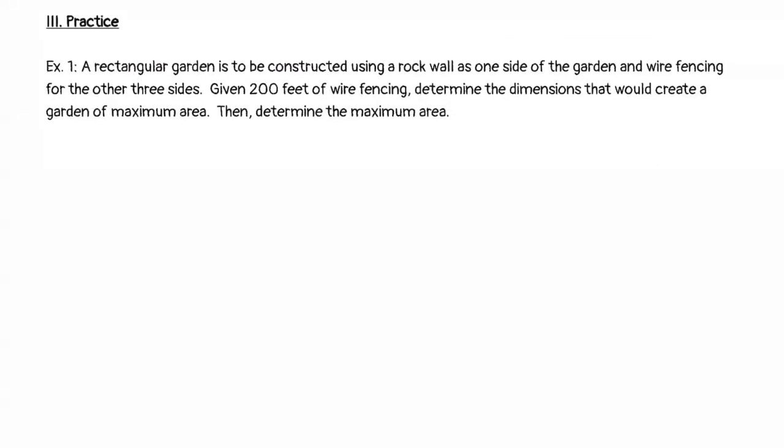All right, so let's go ahead and get started. It says in example 1, a rectangular garden is to be constructed using a rock wall as one side of a garden, and we have wire fencing for the other three sides. All right, so we've got a rock wall, we've got wire fencing, okay?